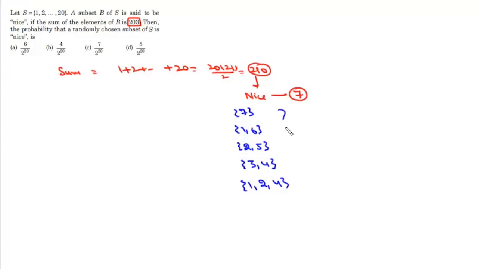So these are the 5 possible cases where we can leave out 7 from the sum. So the probability that this sum is nice will be 5 divided by the total number of subsets that can be formed, which is 2 into 2 into 2, 20 times. So that will be 2 to the power 20, and that's your option D.